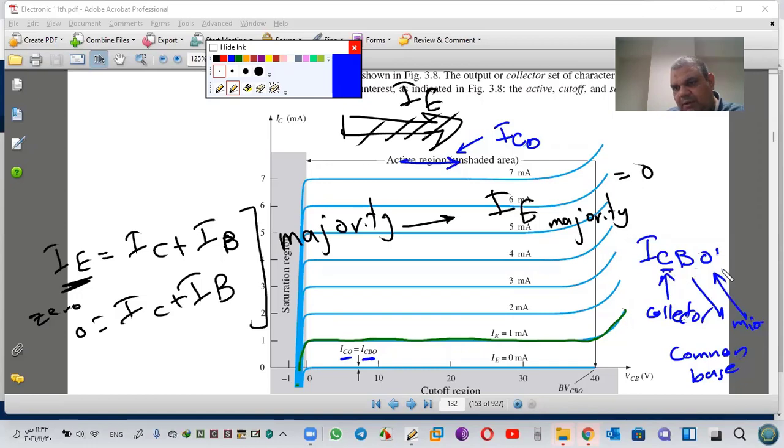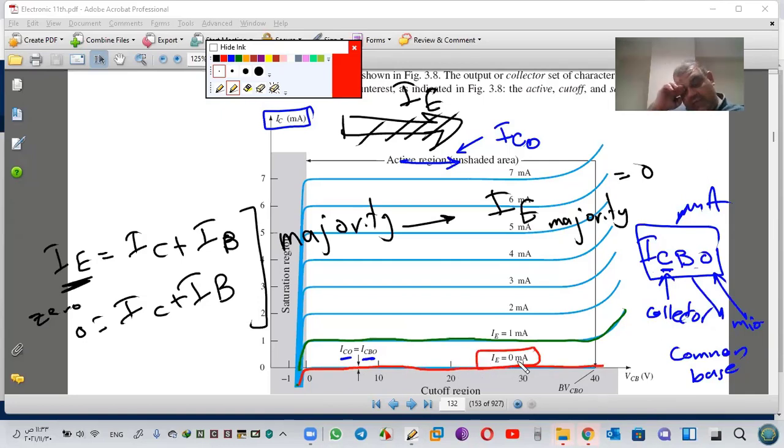So ICBO is in microampere, while here it is in milliampere. For that reason, we can say ICBO is nothing. This is when IE equals 0.